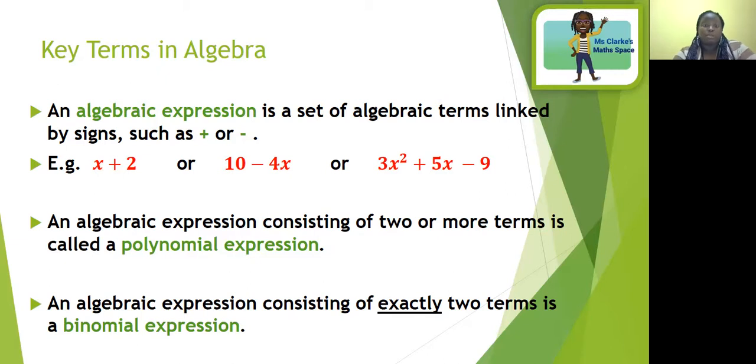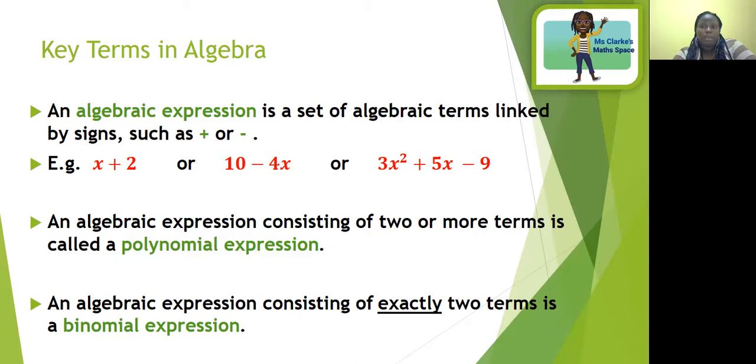An algebraic expression consisting of 2 or more terms, like an x and a y or an x and an x squared, would be called a polynomial expression. And when an algebraic expression has exactly 2 terms, it is called a binomial expression.